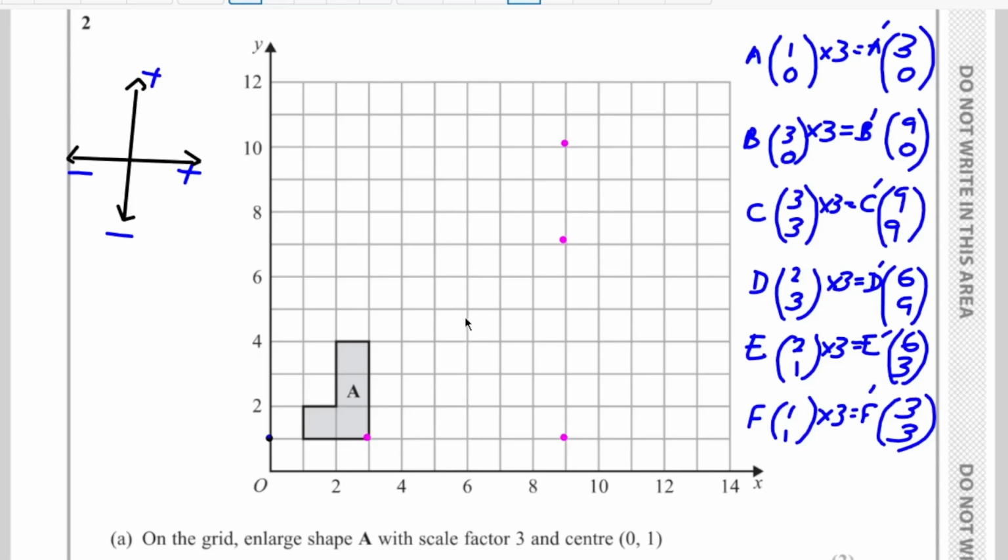Then 6, 3, 1, 2, 3. Next one is 3, 3. 1, 2, 3. Right? Now we have all the point vertices that we plotted. Now let's join them.